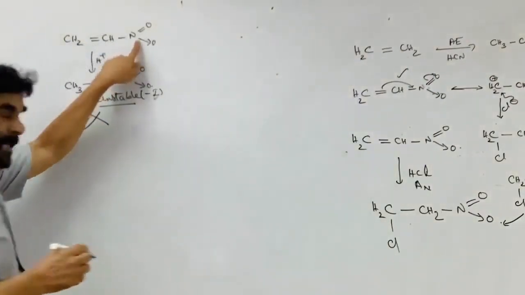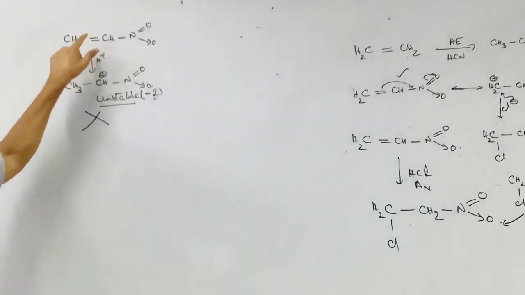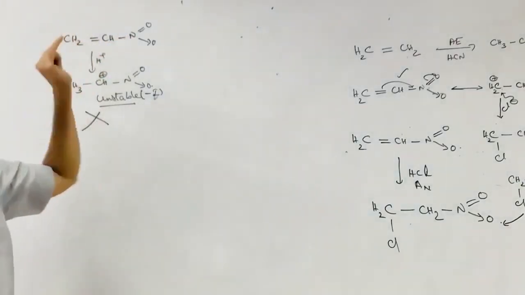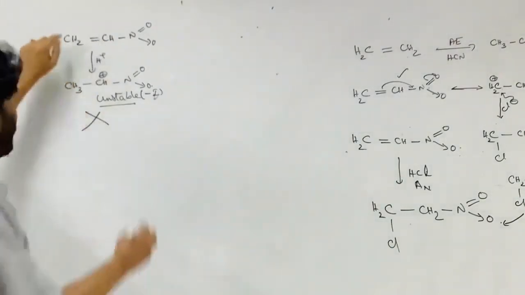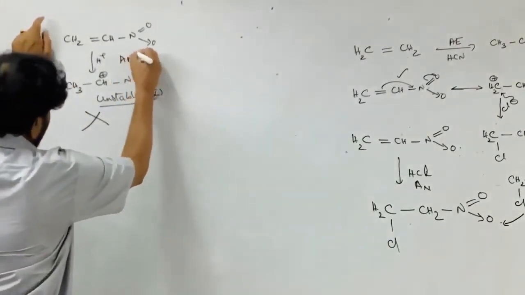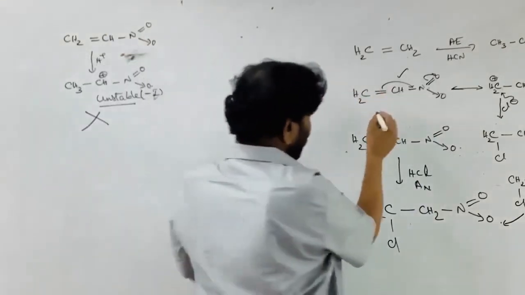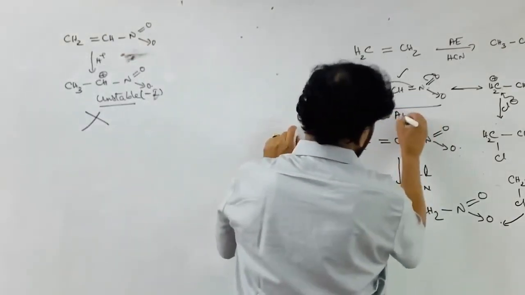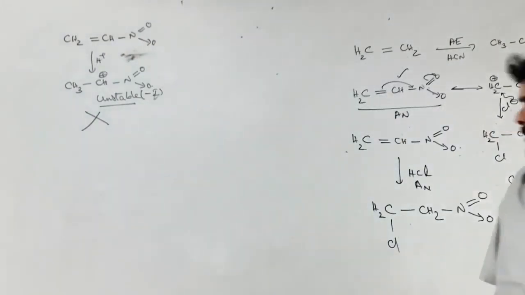The presence of a -M group on the carbon-carbon double bond activates the ethylenic center towards nucleophilic addition reactions. This takes part in the AN reaction, nucleophilic addition reaction, not the AE reaction.